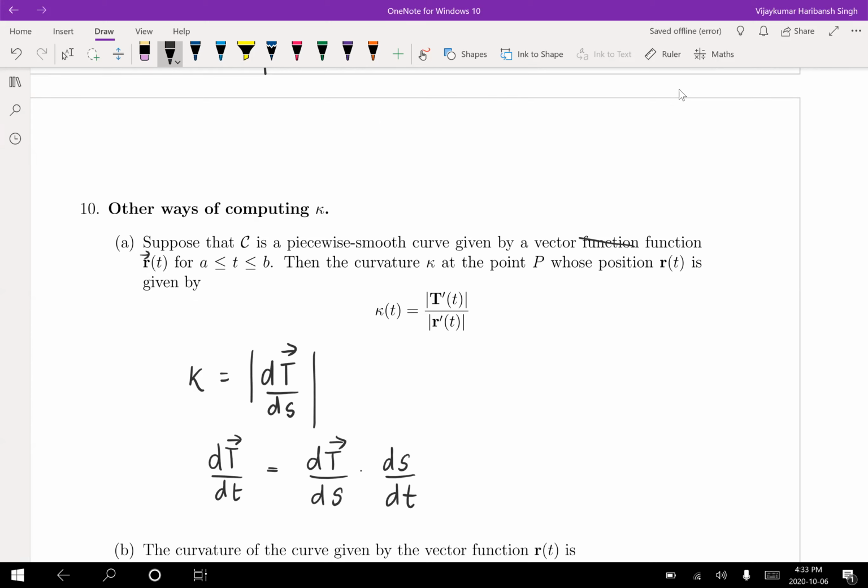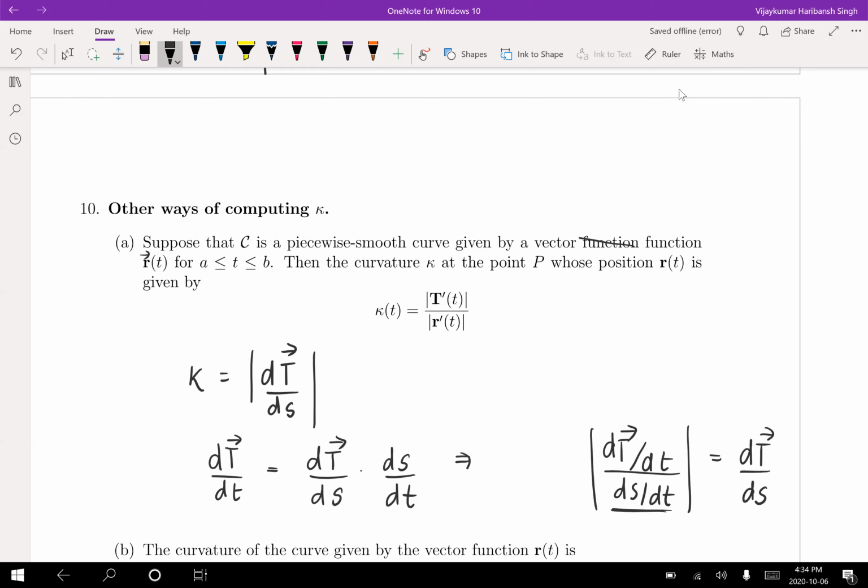So if you divide on the other side, I get dT by ds equal to dT by dt divided by ds by dt. Now note that this is a scalar, so it's okay to divide. We are not dividing by a vector.